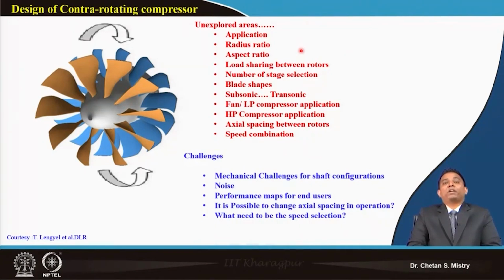So, LP and IP will act like a counter rotating configuration, but it is easy to say, and when we are making the engine, it is very challenging. So, you need to explore in detail how we can configure these kinds of possibilities.